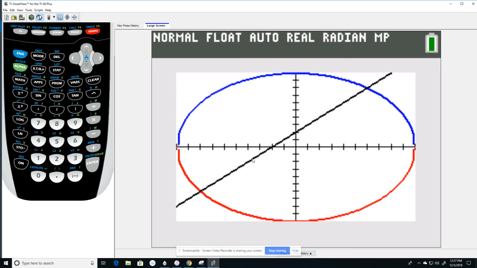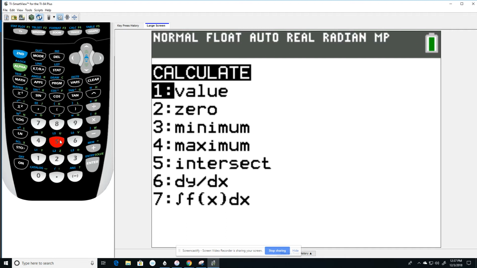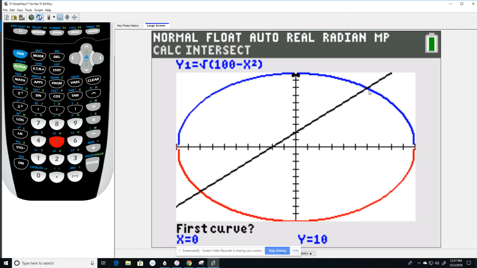So here's where we need to be careful. When I go to second, calculate, intersect, I need to be careful because this intersection is on the blue line, which is my y1, so I can hit enter. But my other intersection is this intersection. The other line it crosses with is y3, the black one.